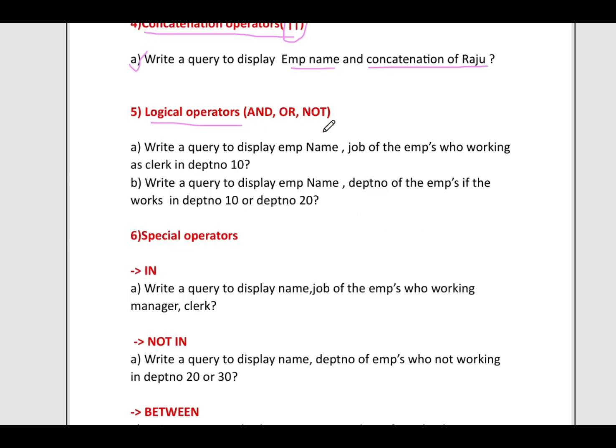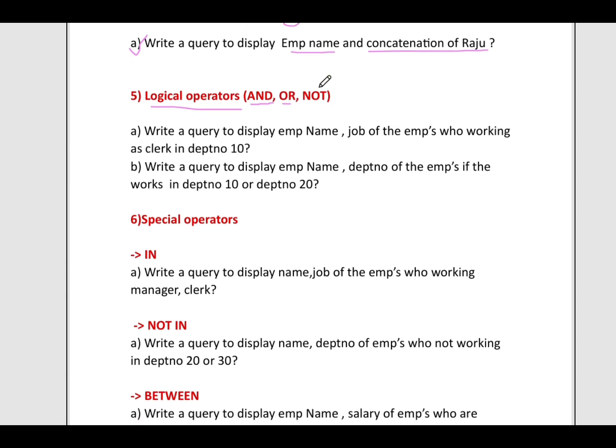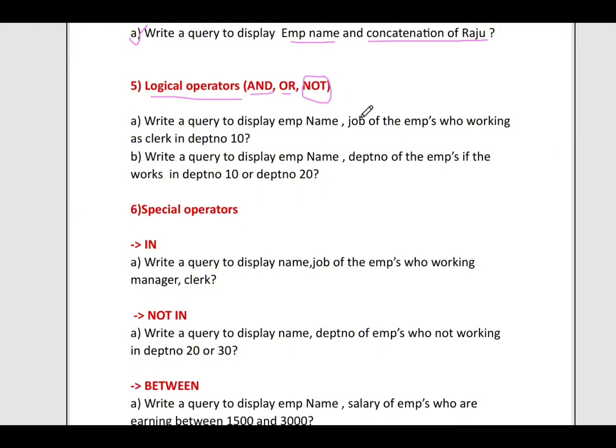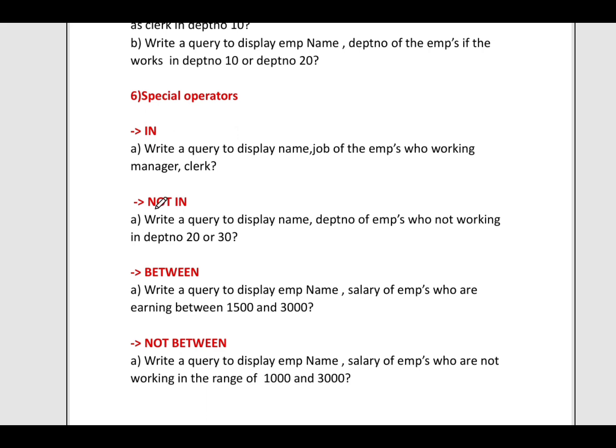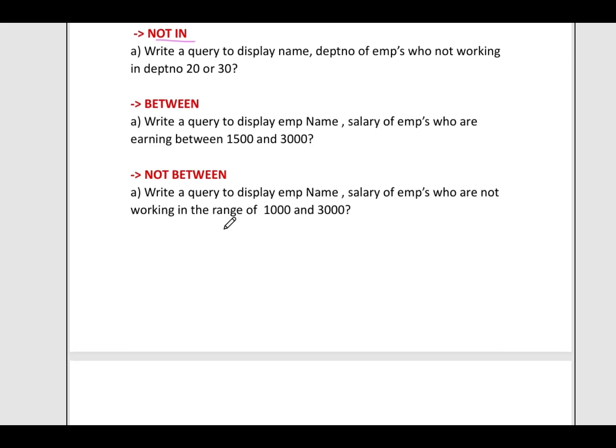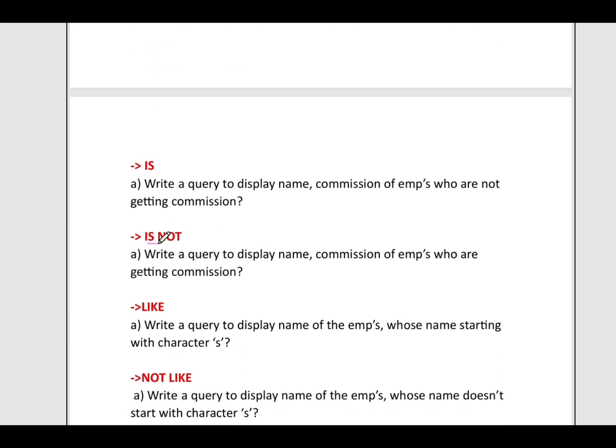Logical operators. In the logical operators, there are three: and, or, and not. So we will discuss only two here, that is and, or. NOT we will discuss later, because in the special operators we also have not in and one more is not.